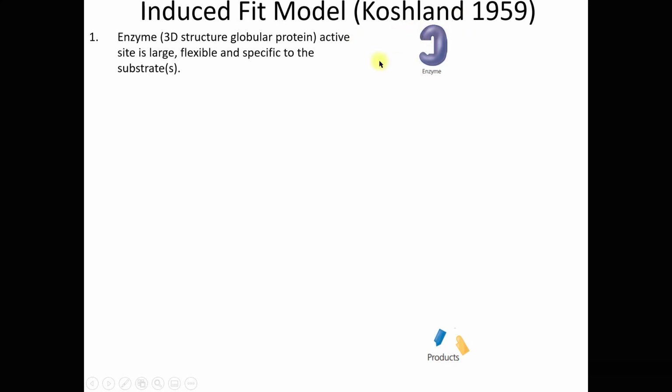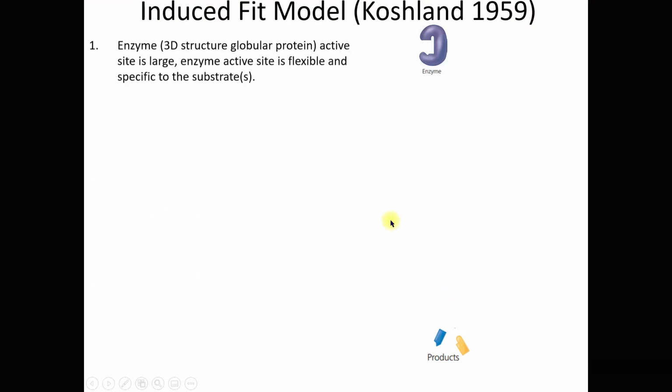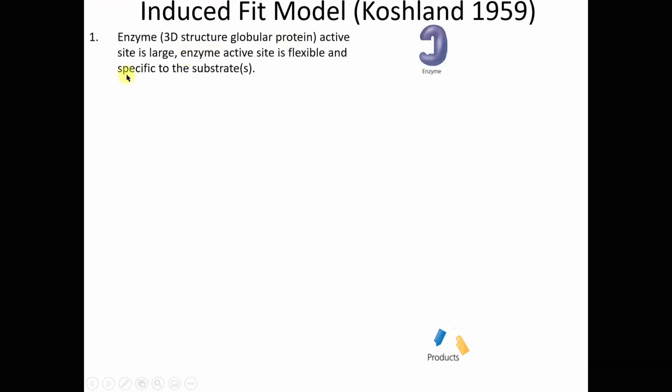The enzyme, which is a 3D structure globular protein, has a large active site, and the active site is flexible and specific to the substrate. Ingat, ini agak mengelirukan. Okay, this is better: the enzyme's active site is large, flexible and specific to the substrate.